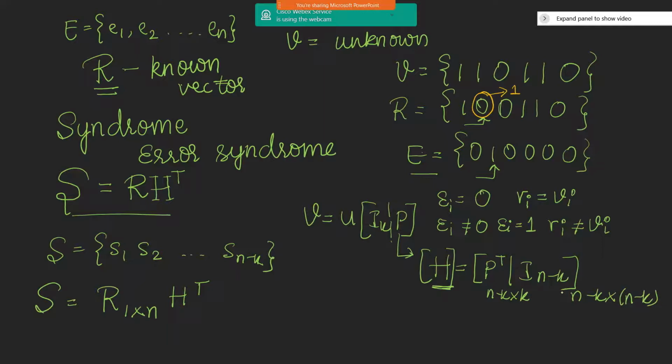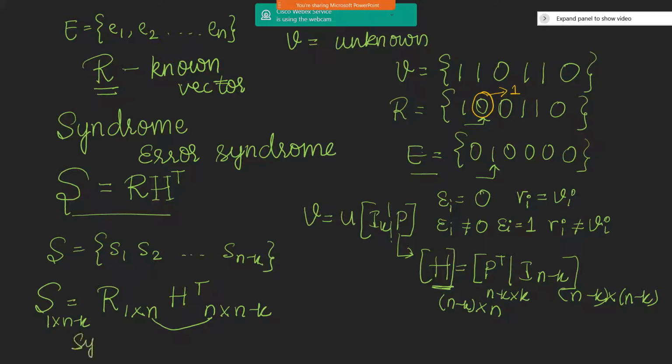So the total size of this H matrix would be n minus k cross n. So H transpose would be of the size n cross n minus k. When I multiply these two matrices, the dimension n will vanish. The resultant would be 1 cross n minus k. So this will be the size of the syndrome vector. This n minus k vector S is called the error syndrome of the received vector R.